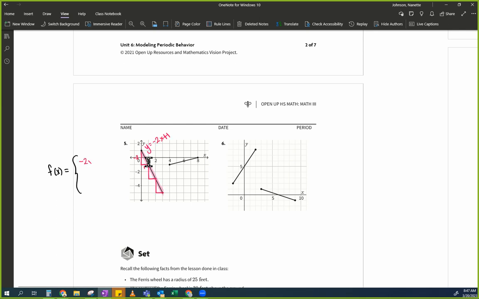Okay, so now I just got to figure out for this function, where does it live? In terms of x, what is this piece's domain? Well, look left. What's the leftmost x value? What's the rightmost x value? And then we write it like that. So here we don't use interval notation just because of how piecewise functions are set up. I realize I need a little bit more space, so I'm going to scoot you over.